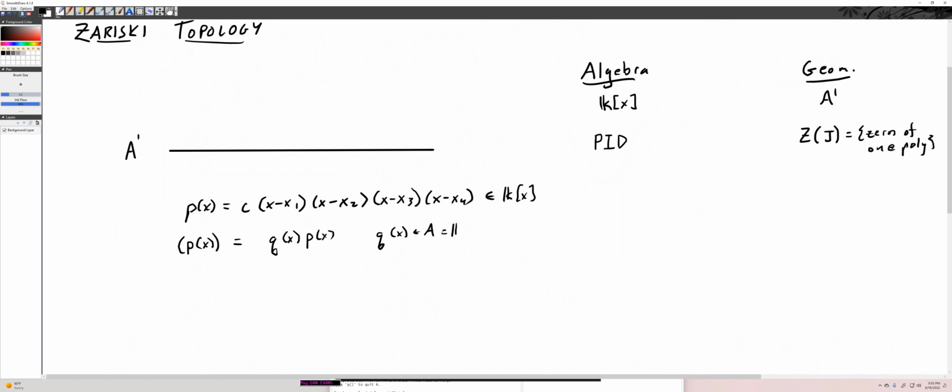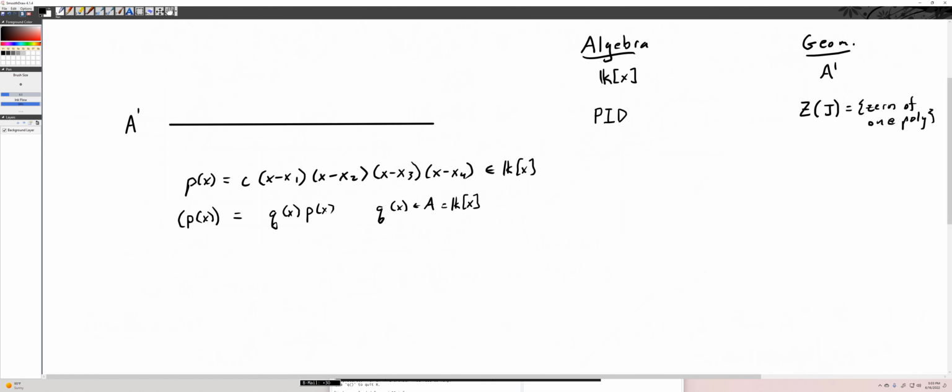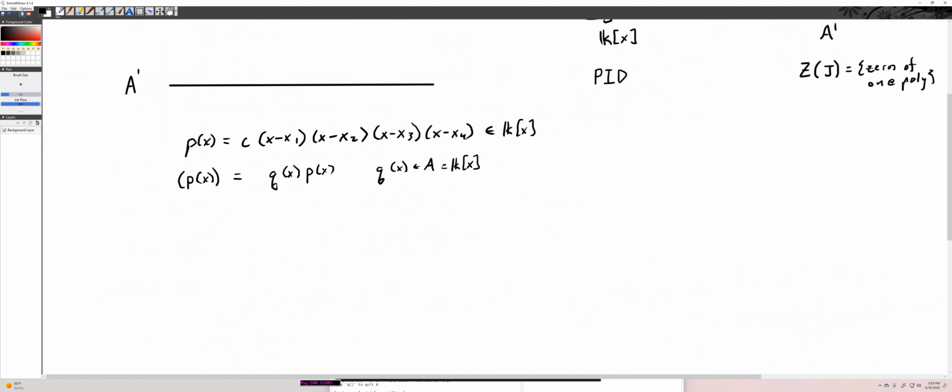We've defined this. So what's the zero set of this ideal? Well, the zero set, as you may have guessed already, is just where this polynomial is 0. So it's just x1, x2, x3, x4.